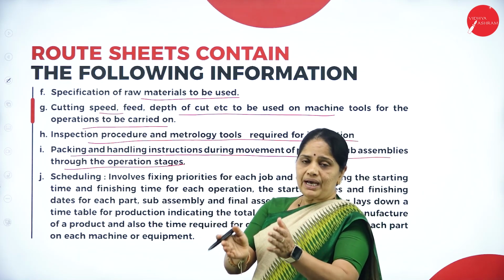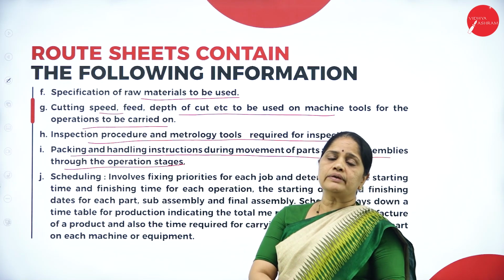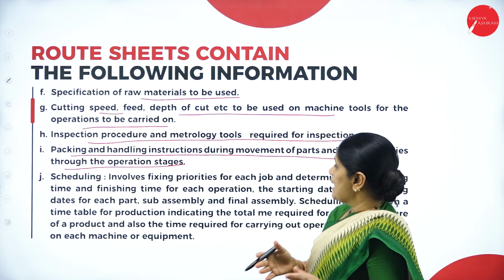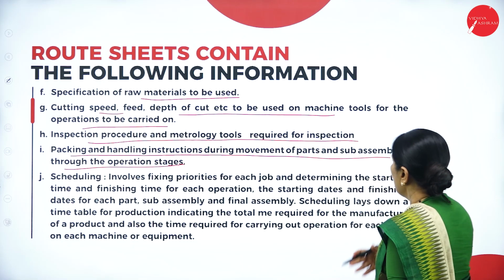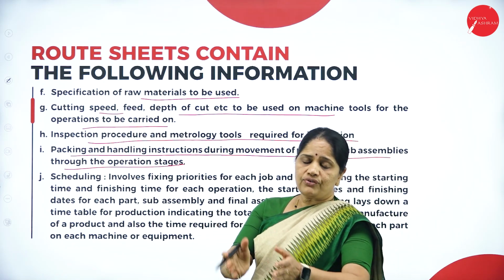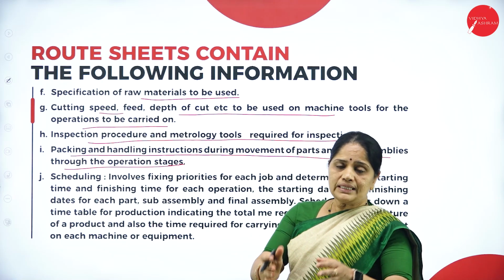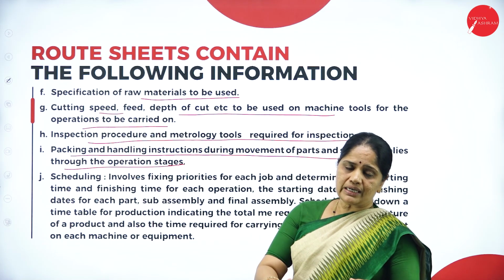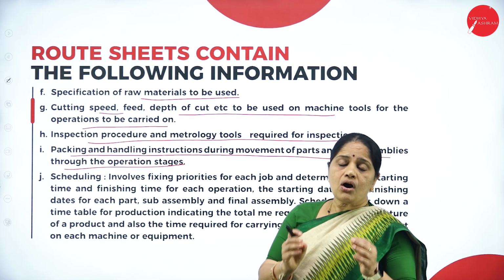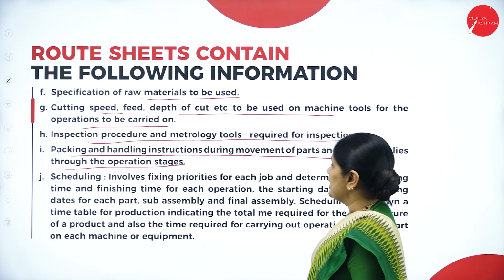That is, when the parts are moving from one machine to another. So how do you move the parts? What is the packing, and what is the handling instructions we have to give, and for the parts and sub-assemblies through the operations. So from one process to another, when the materials are moving, how the worker has to shift the materials, how he has to handle the materials, all the specifications have to be mentioned here.